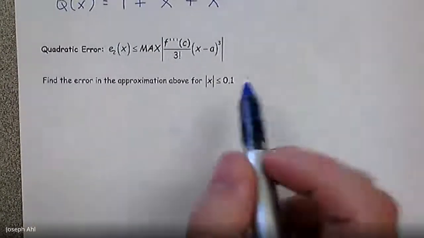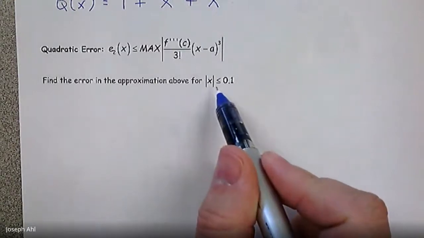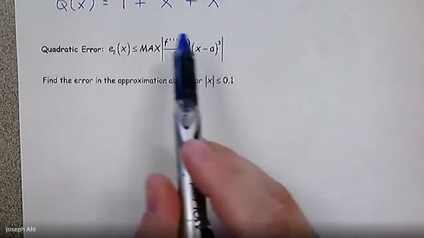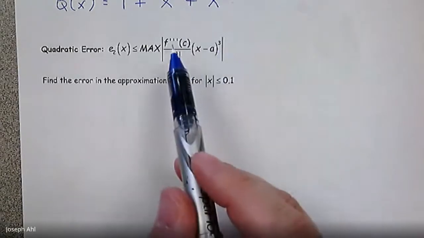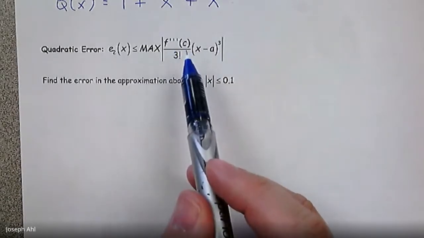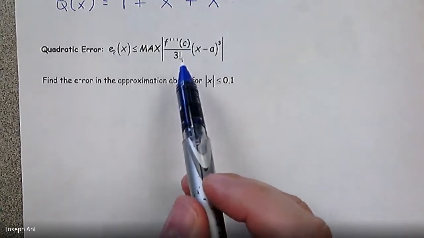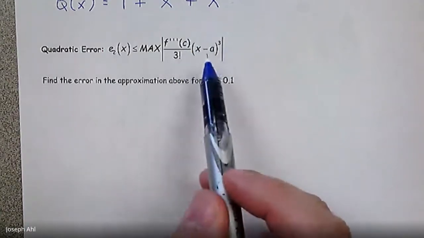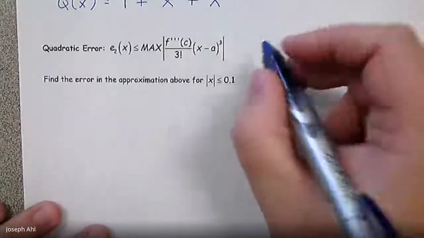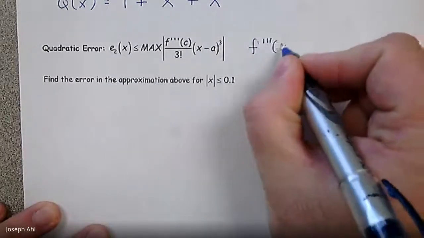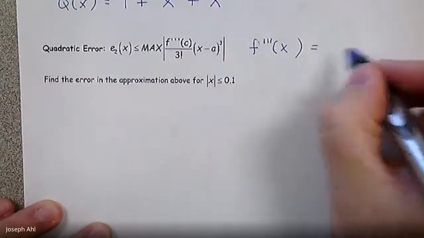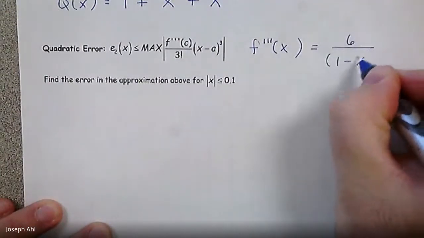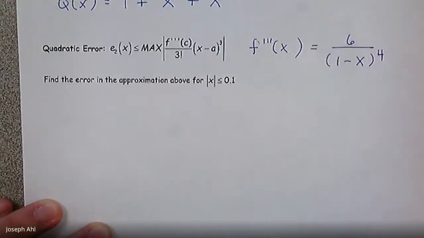So if we want to be within 0.1 of 0, our value of a, here's the error value that we're going to maximize. Okay, again, this will just be the next term out. We have to find the third derivative at c, divide by 3 factorial, and then times x minus a cubed in this case. So the third derivative, if we base off of 2 over (1 minus x) cubed, is going to be 6 over (1 minus x) to the 4th.